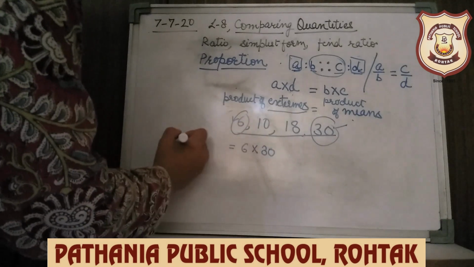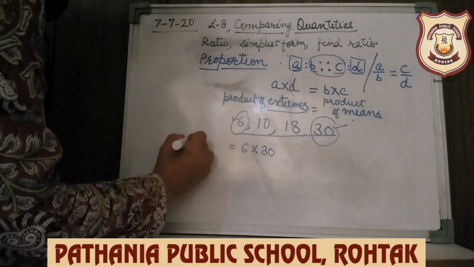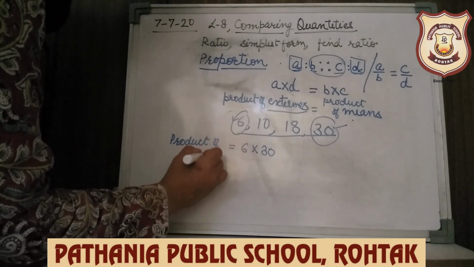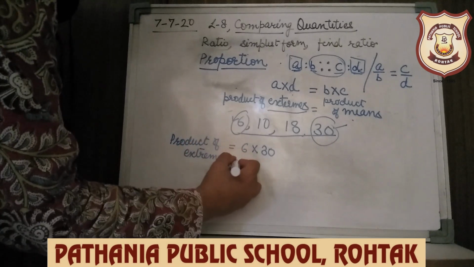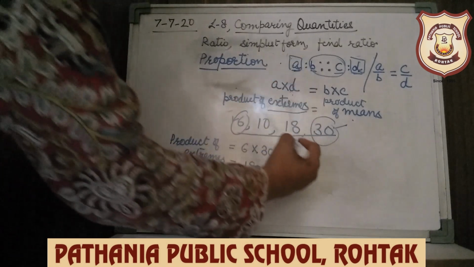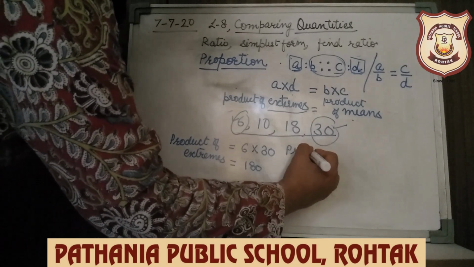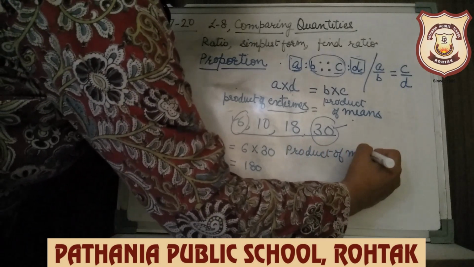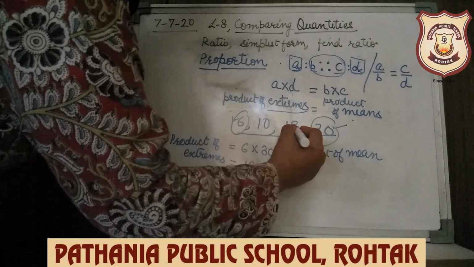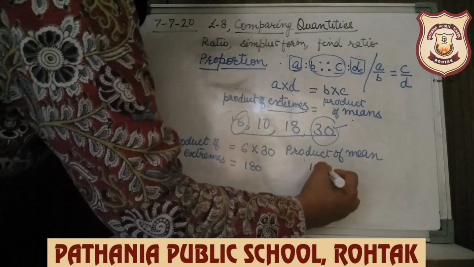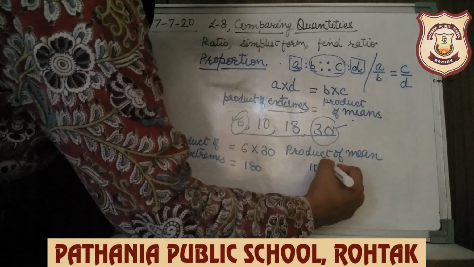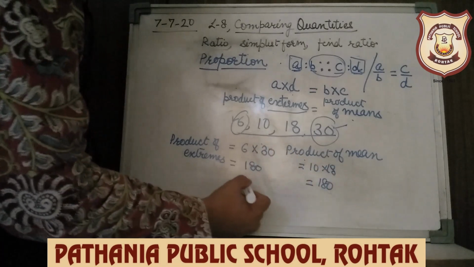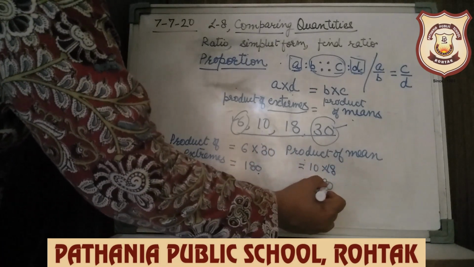So this is going to be your product of extremes, which comes out to be 180. And now your product of means, which is the middle ones, 10 into 18, which is also 180, and the product of extremes is equal to the product of means.